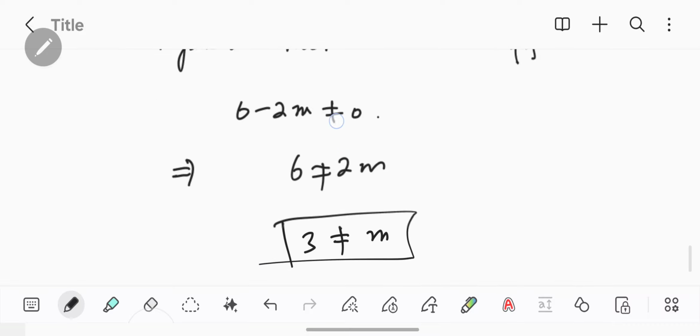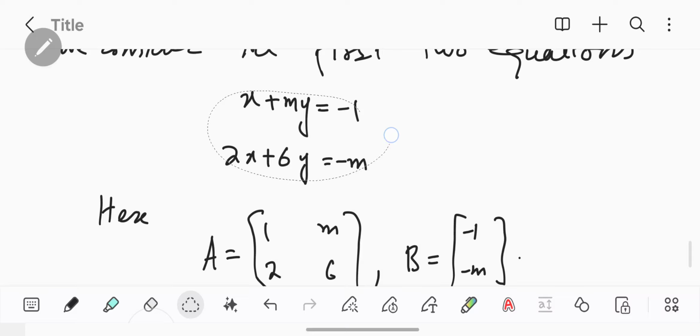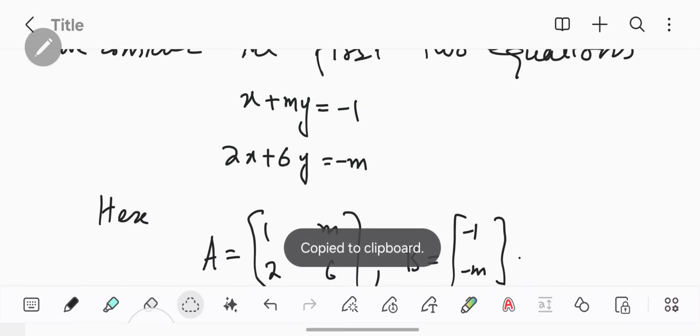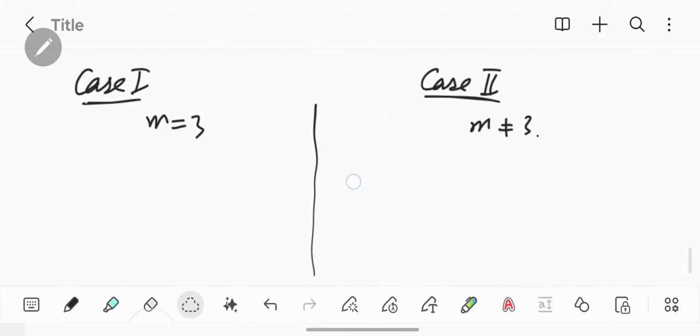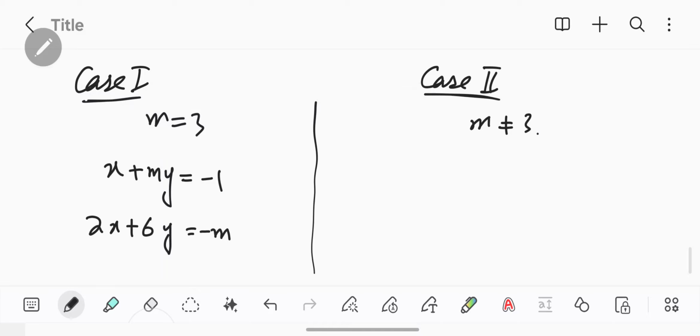Look at the first case. If m is 3, then what will be our system? Our system is x plus my equal to minus 1, 2x plus 6y is equal to minus m. But if I put m equal to 3, I will write 3 instead of m.